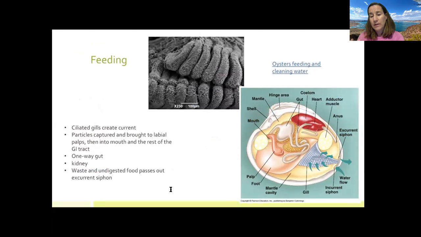They have something called labial palps near their mouth. Here is the palp, here is the mouth. So the palps kind of grab it and bring it to the mouth, and then it's going to be swallowed down and head towards the stomach.